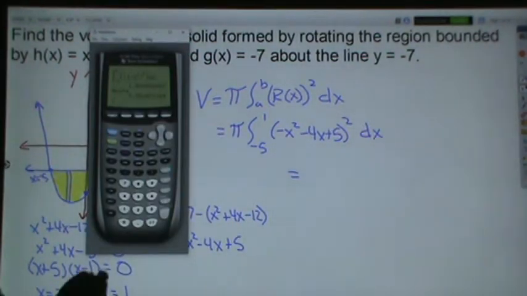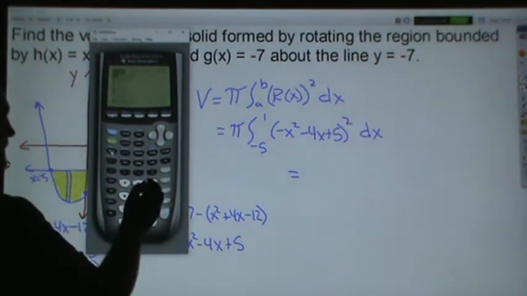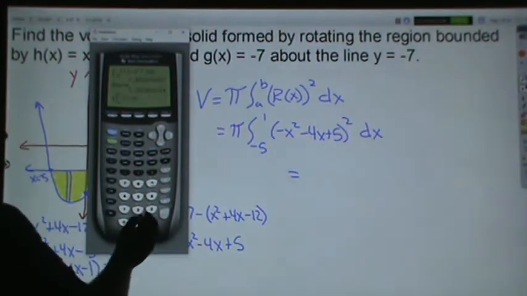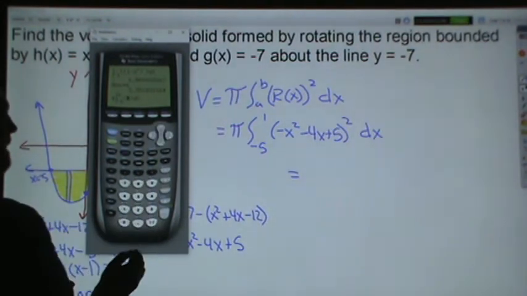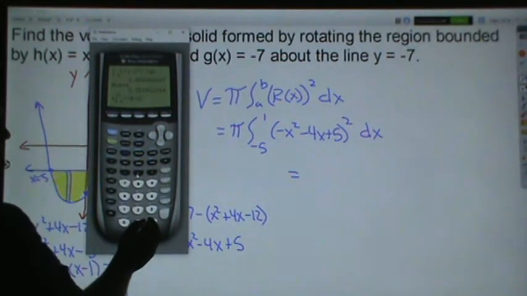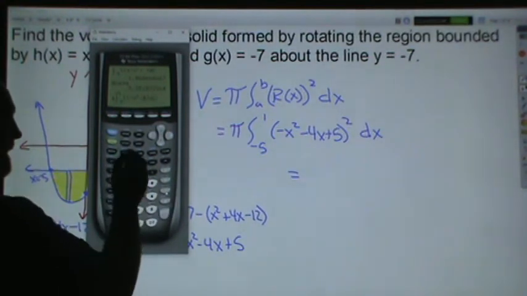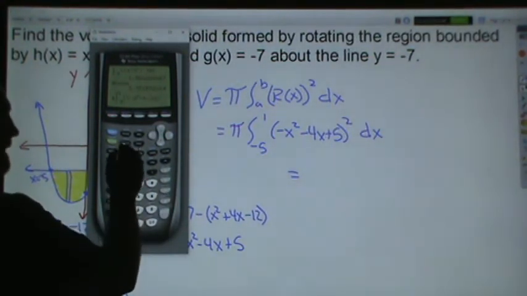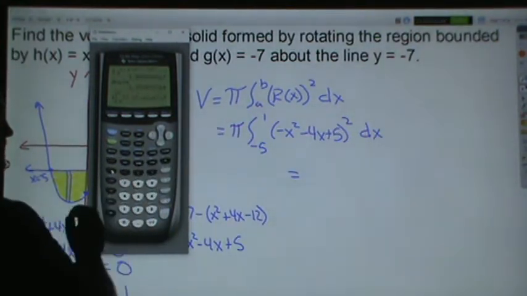So if I throw that in the calculator, I can say second pi, I can say math 9, I'm going to go from -5 to 1, and I'm going to have the quantity, so I need that extra parenthesis in there, -x squared minus 4x plus 5, close the parenthesis, squared.